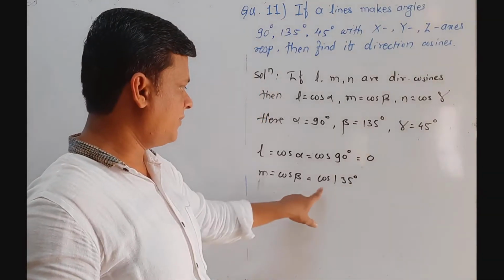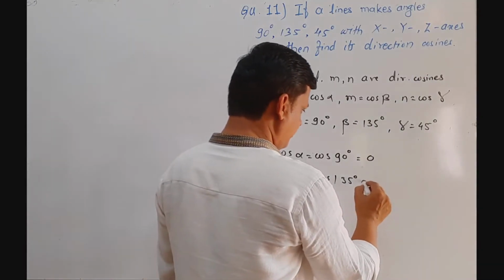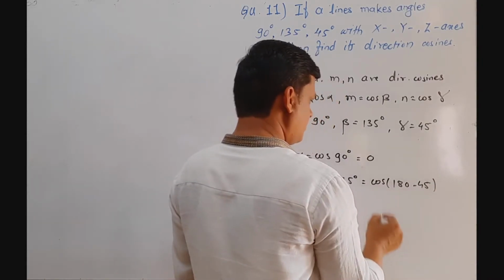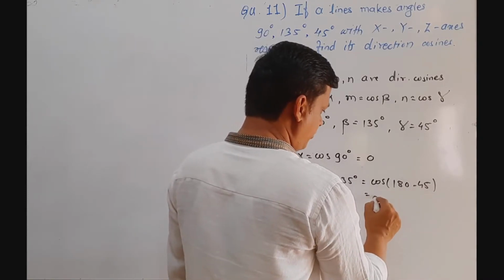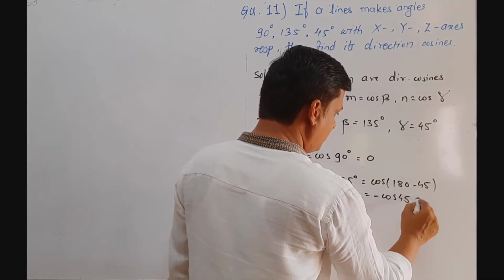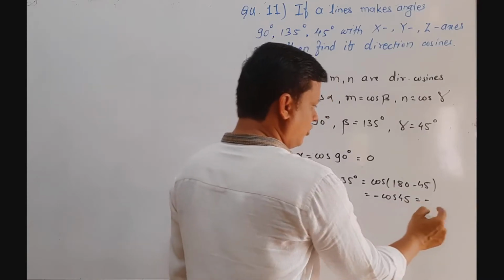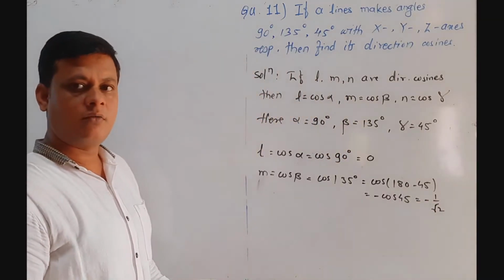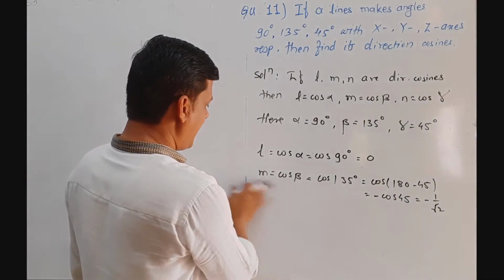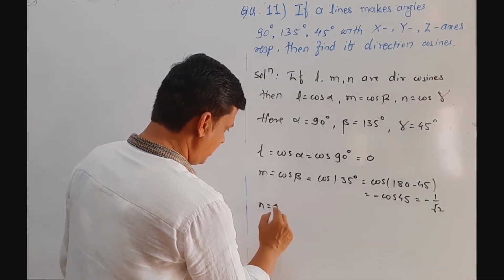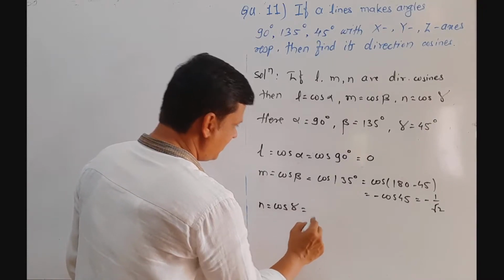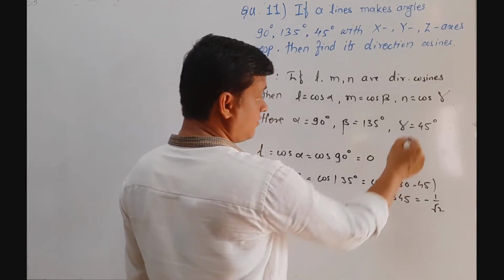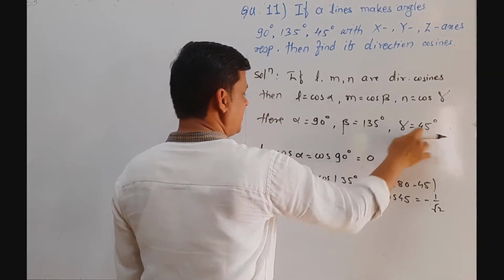We have to split this in the form cos of 180 minus 45 degrees. So cos of 180 minus 45 is minus cos 45, and cos 45 is 1 by root 2. Then we have to find n. n is equal to cos gamma, that is equal to cos 45, and cos 45 is 1 by root 2 because gamma is 45 here.